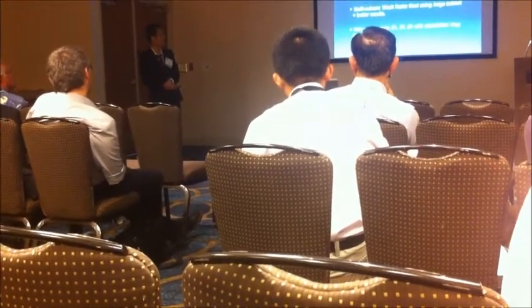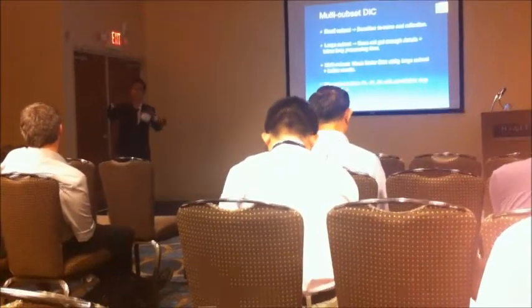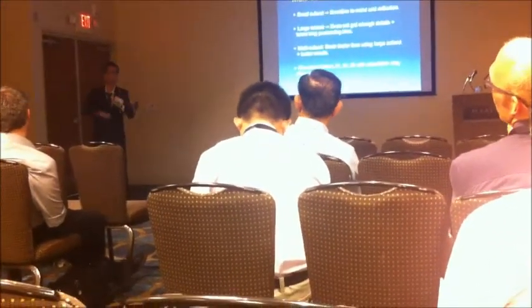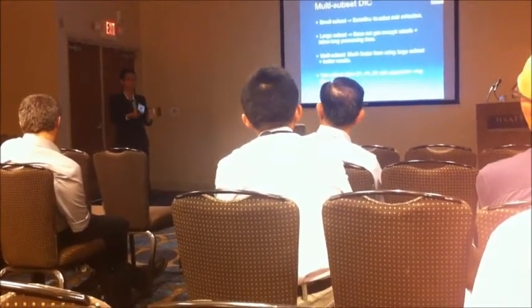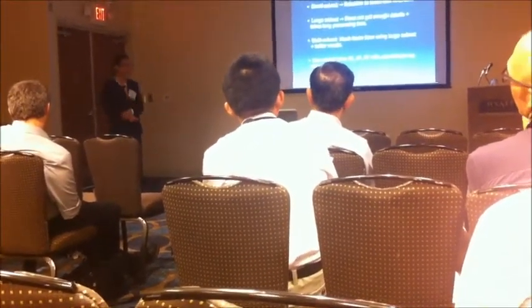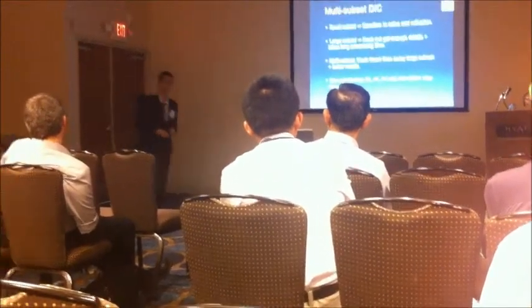These are the step sizes of the pixels inside the subset. For example, if you have a 21 times 21 subset, you don't want to calculate all 21 times 21 pixels in there. So you can use a calculation step size of 2 to save time.